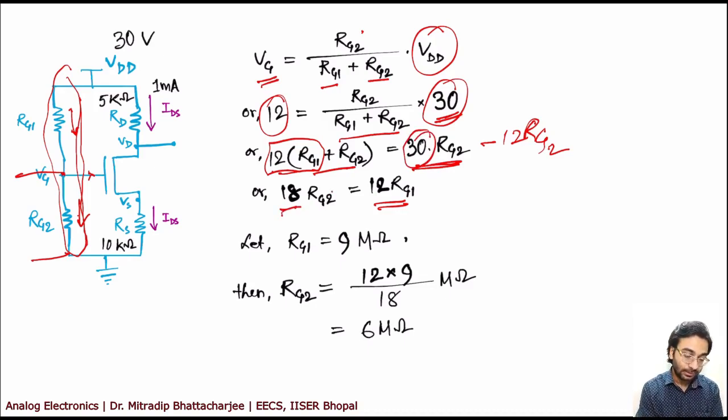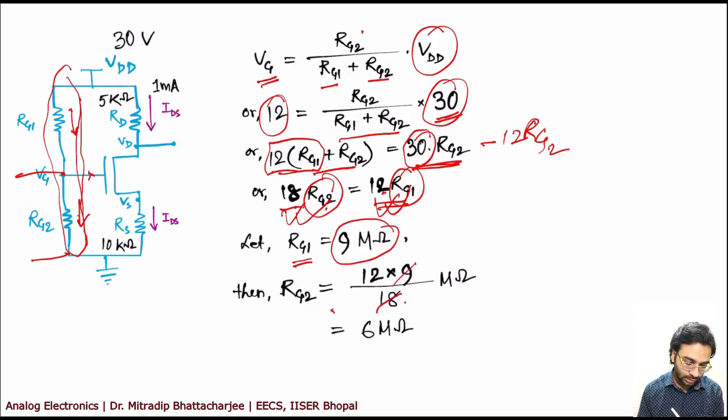It will be 18. Am I correct? So your ratio between RG2 and RG1 is here. So if you consider RG1 to be 9 mega ohm, your RG2 will come 12 into 9 divided by 18. So these are 2. So it is basically 6 mega ohm.